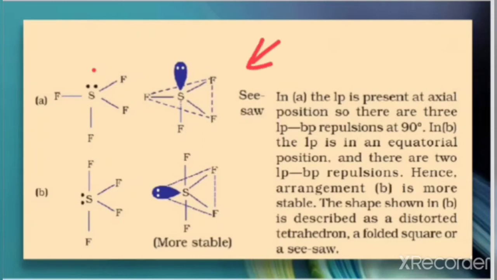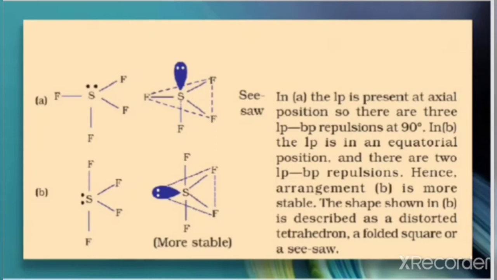Now, we need to decide where to keep the lone pair, because there are 5 terminal positions, 1, 2, 3, 4, 5. From these 5 positions, the question arises where we need to keep the lone pair, either on the equatorial position or on the axial position.